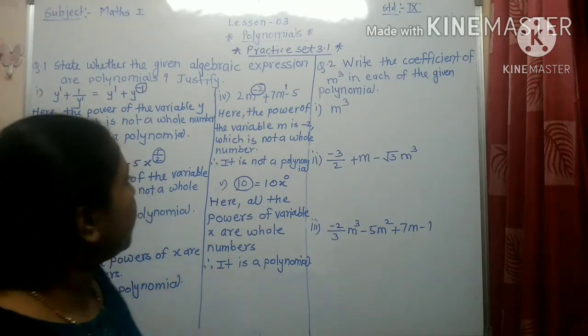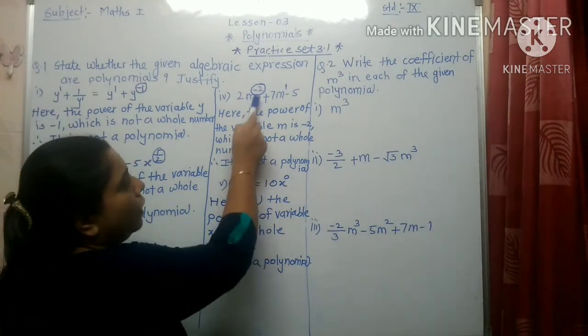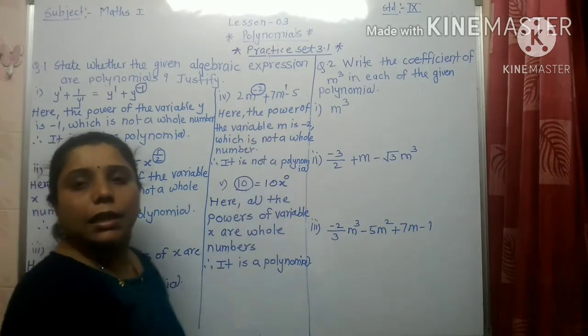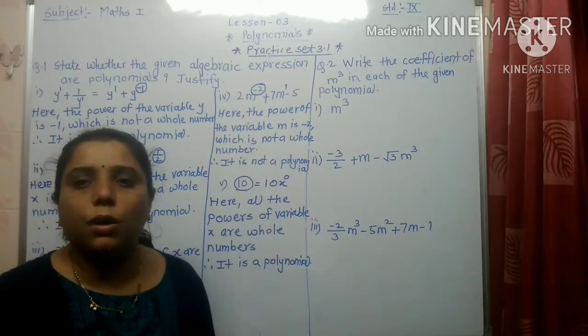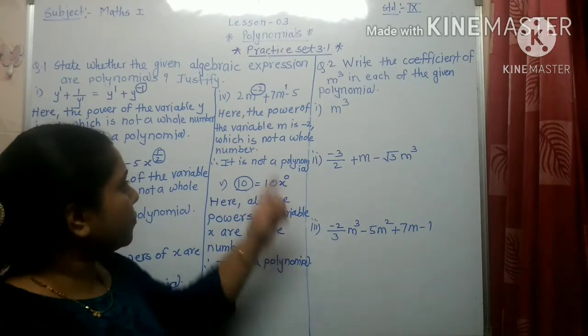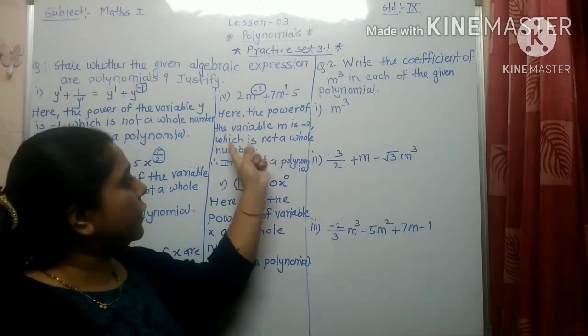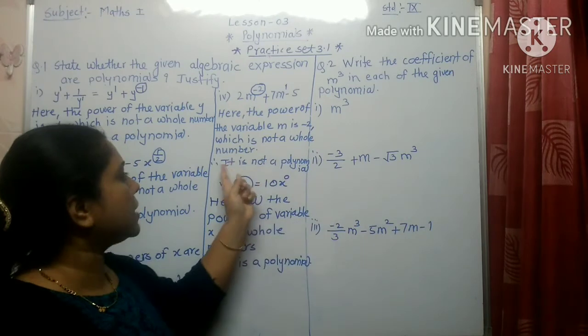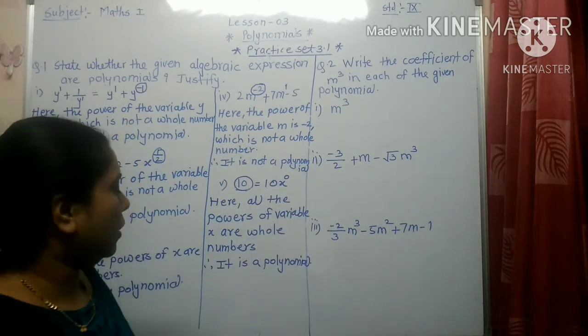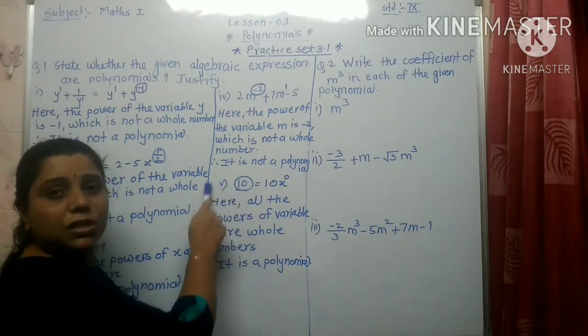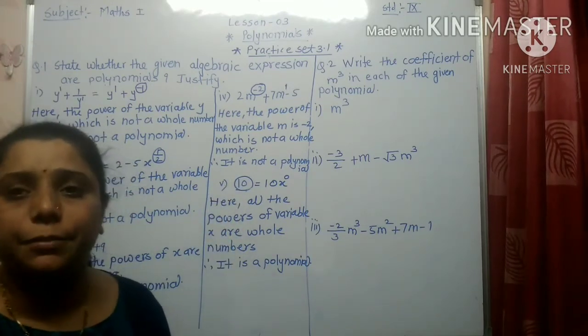So, here also the power of this variable m is negative. Here it is positive, but here it is negative, -2. So it is not a whole number. Hence it is not a polynomial. In the last example, which is called a constant term.